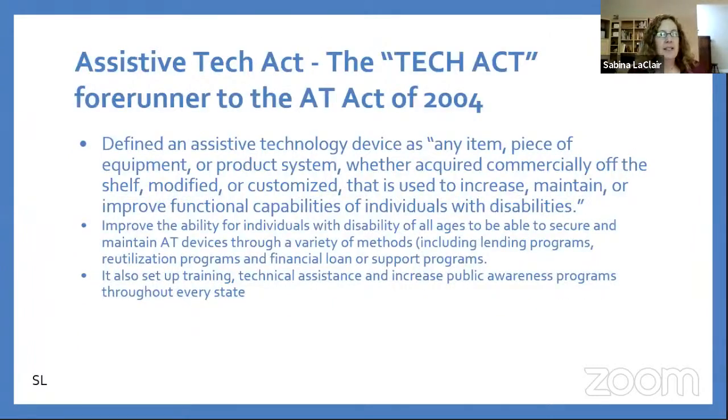And then we have the Assistive Tech Act, which is also known as the Tech Act. This defines AT as any item, piece of equipment, or product that is used to increase, maintain, or improve the functional capability of an individual with a disability. So this act supports state programs in providing training, assistance, and increasing public awareness for AT.